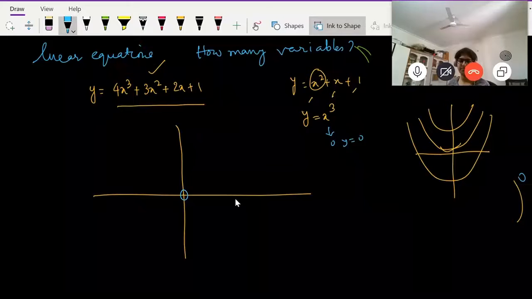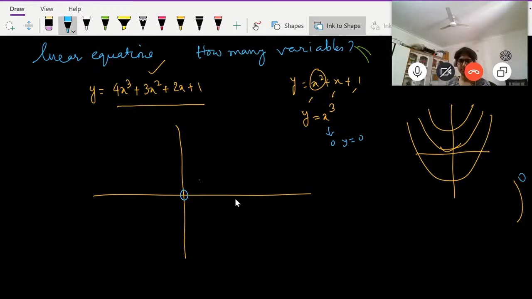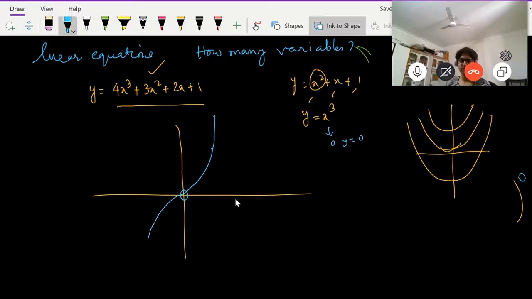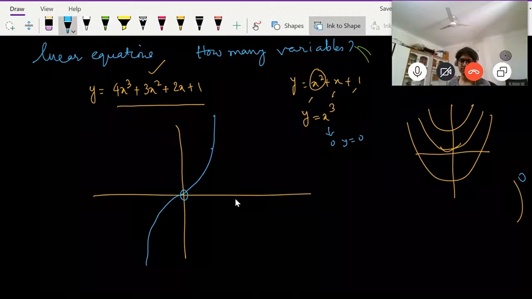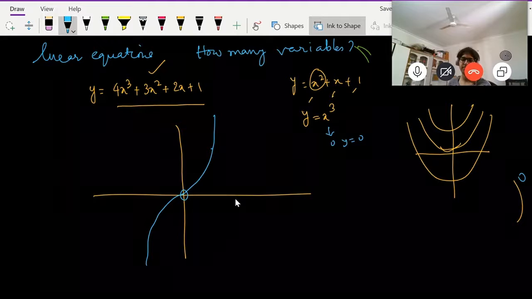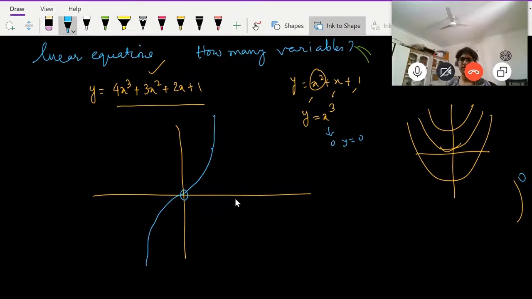When x equal to 1, y equal to 1. When x equal to 2, y equal to 8. So it goes very fast, right? And similarly, like this on the other side. Now, how will this curve behave?